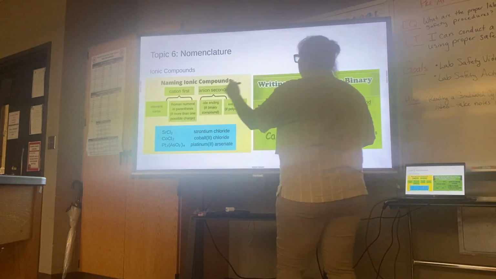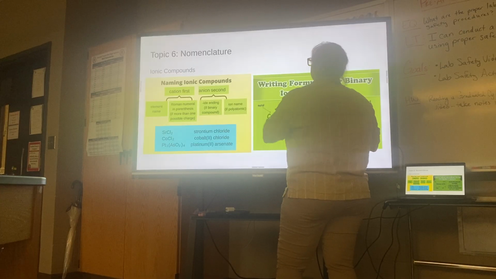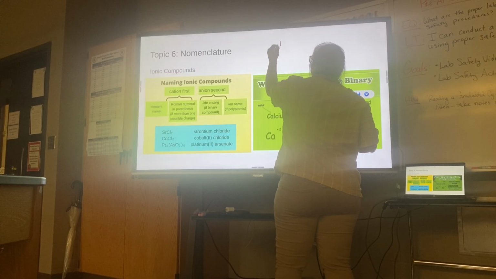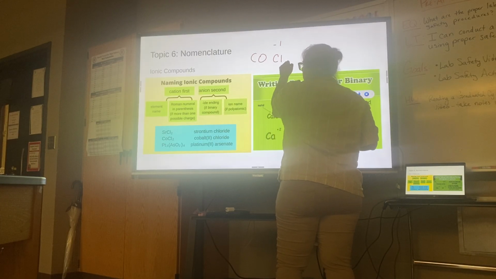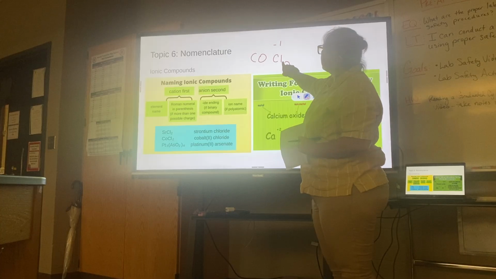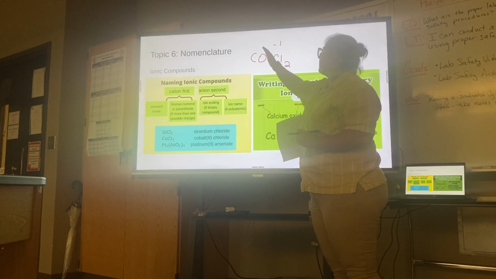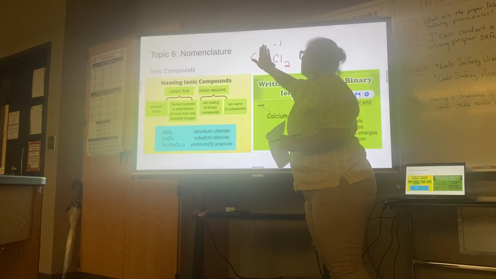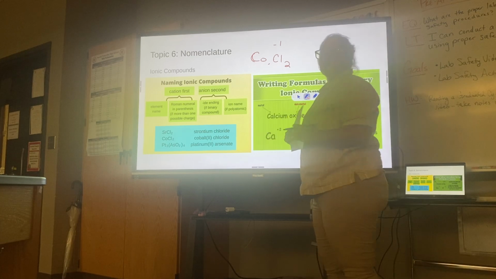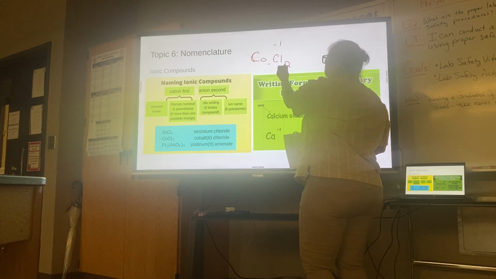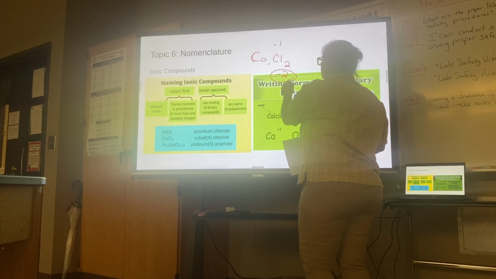So since the chlorine has a -1 charge, do you see how I had to have 2 chlorines total to be able to balance out my charges? That should be a lowercase o, so CoCl2.